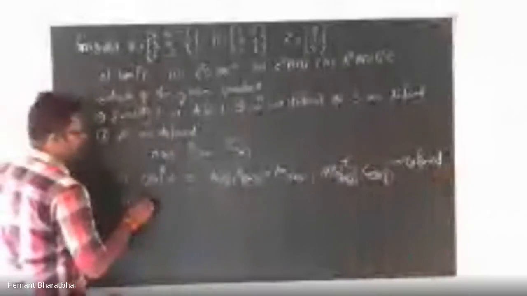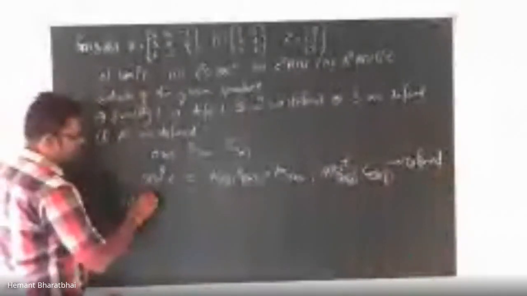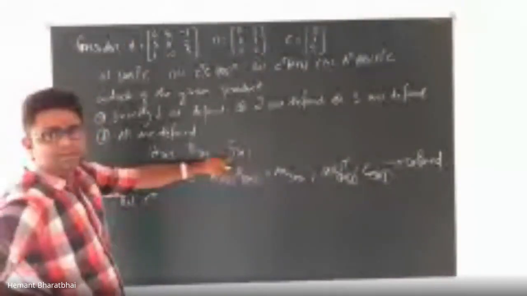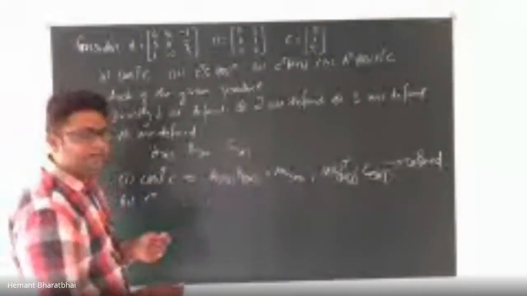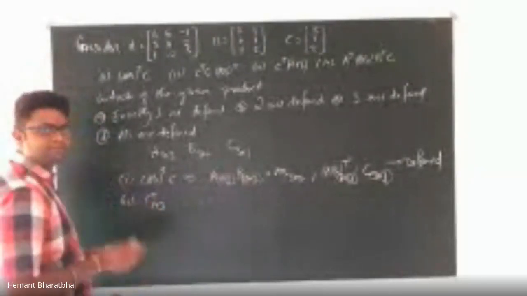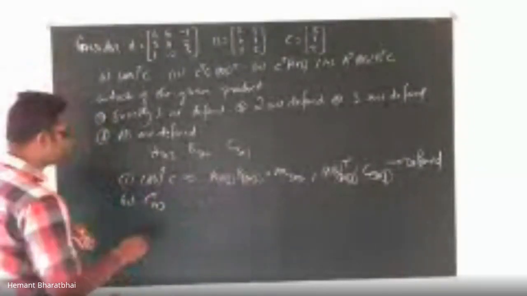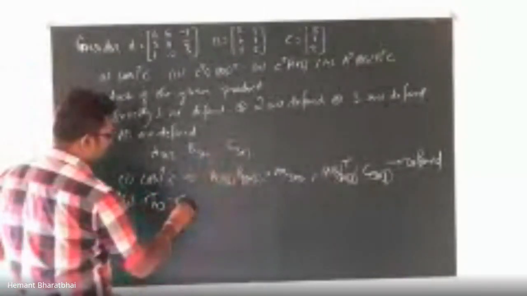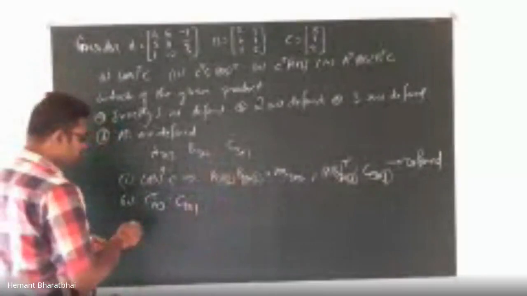Now let's verify the second: C transpose into C. C has an order of 3 by 1, so C transpose will have the order of 1 by 3, because rows become columns and columns become rows. Into matrix C, of order 3 by 1.